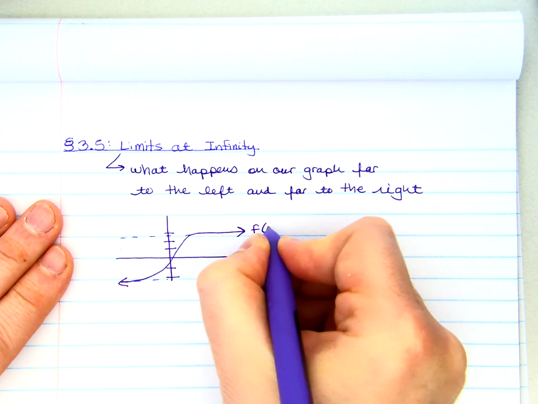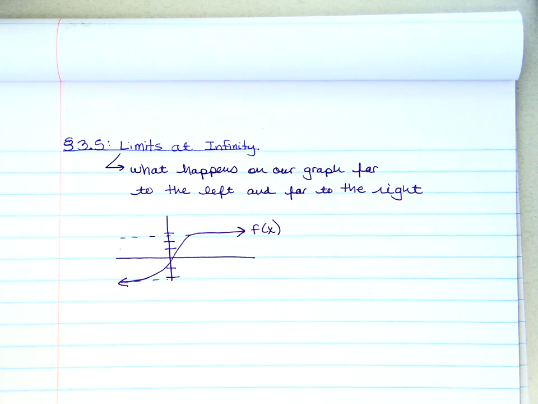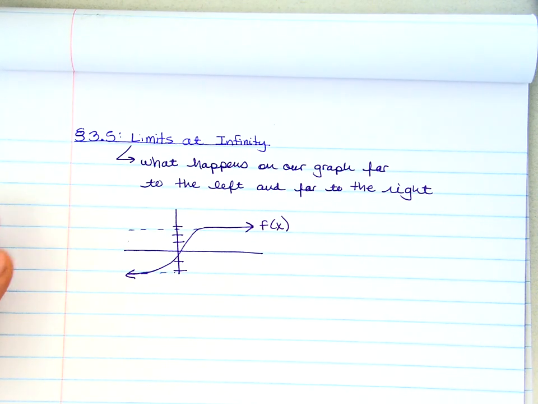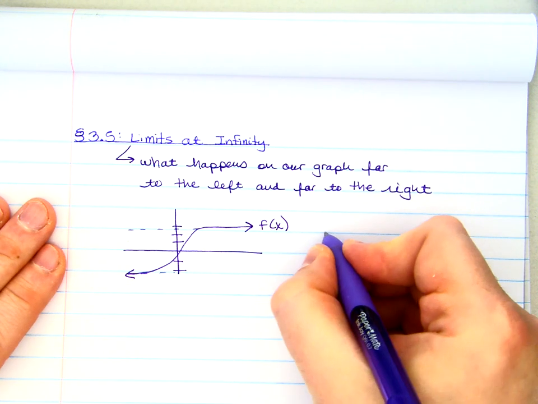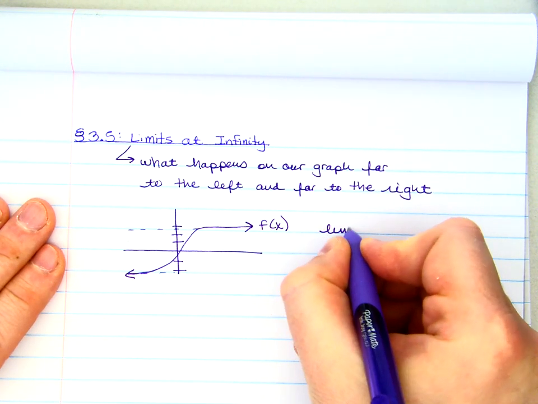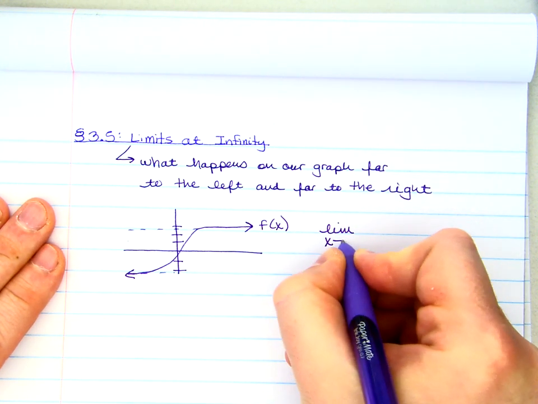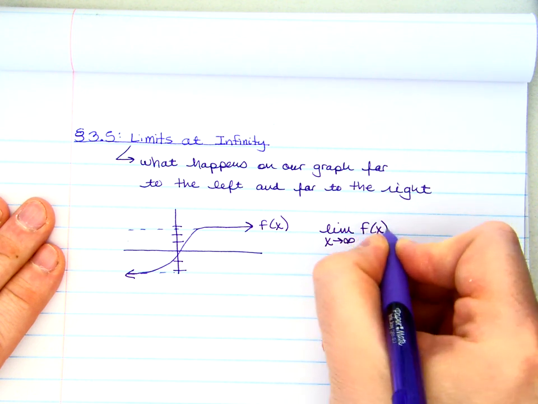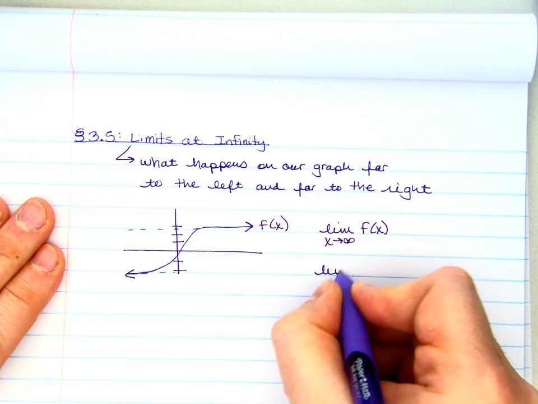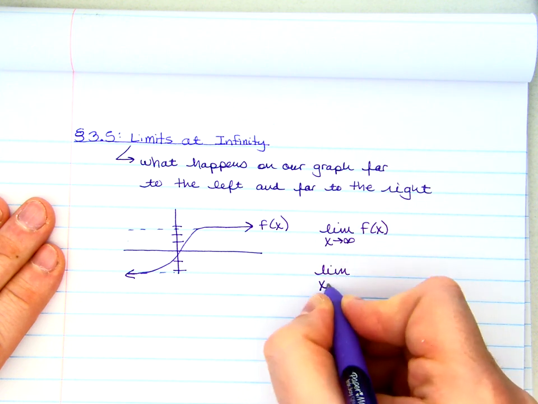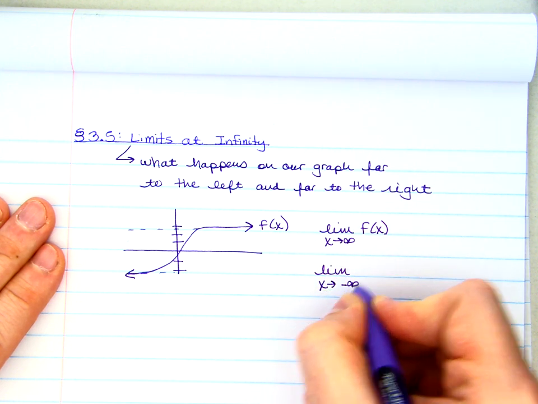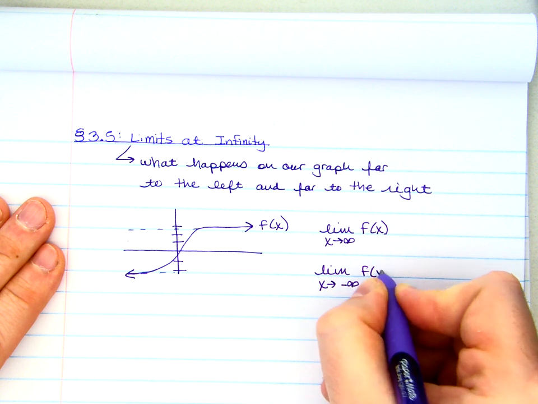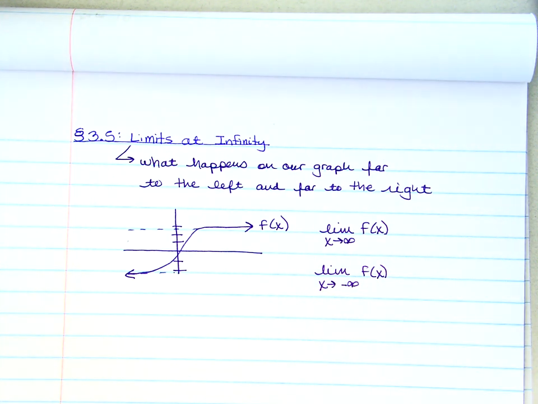Let's take a look at this function, f of x, that I just drew. What we're going to look for is the limit as x approaches infinity of f of x, and we're also going to look at the limit as x approaches negative infinity of f of x.